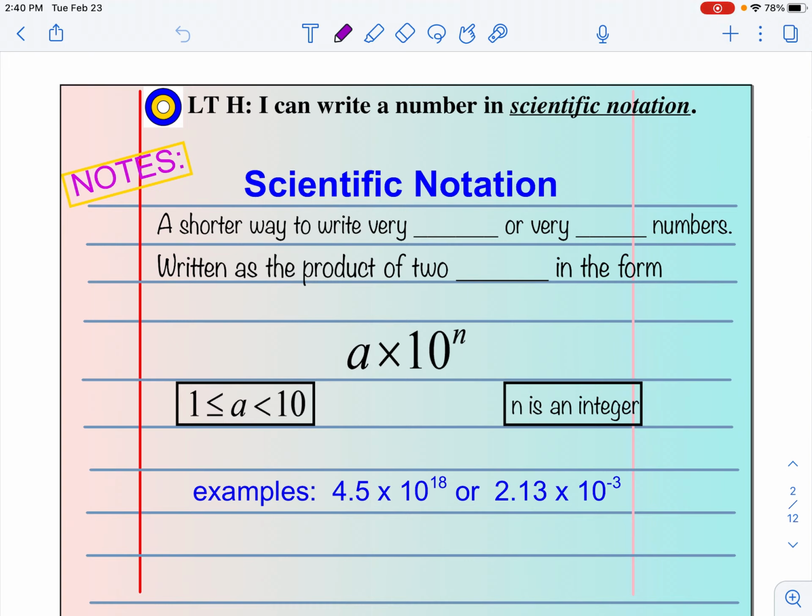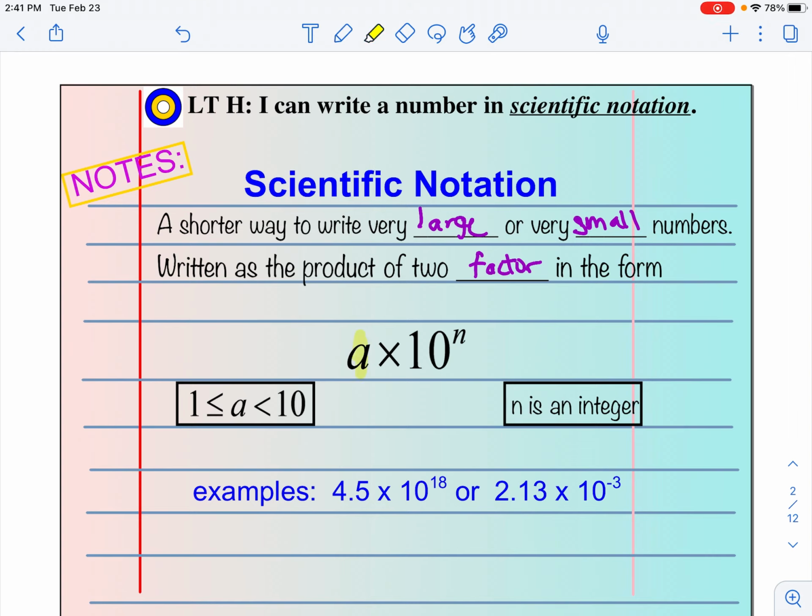So, scientific notation is a shorter way to write very large or very small numbers. And they're written as a product of two factors in the form a times 10 to a power.